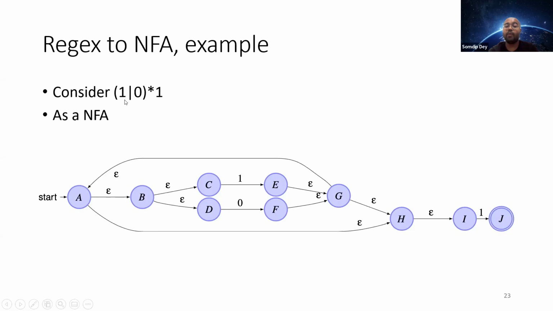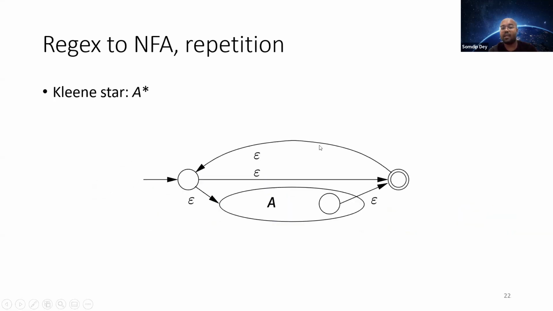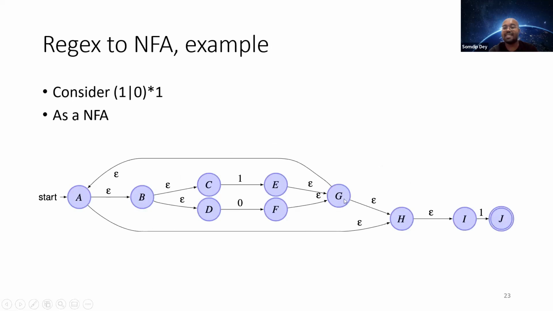And now, because in the regular expression we have used the Kleene star on 1 or 0, given the formula we mentioned, the final state here recurs back using an epsilon move. We are doing the same here.